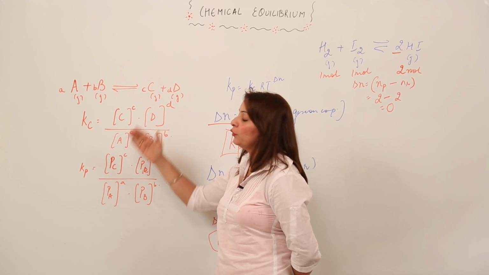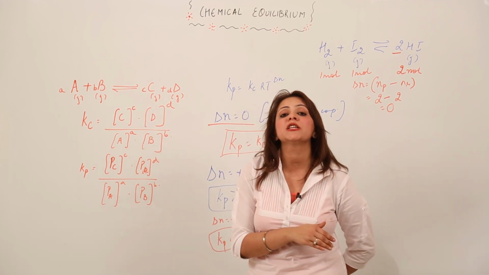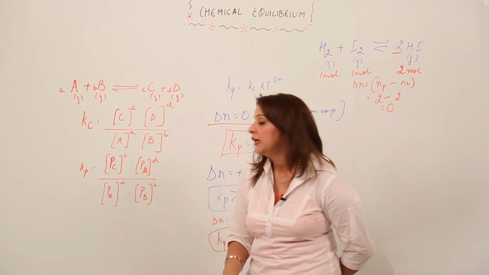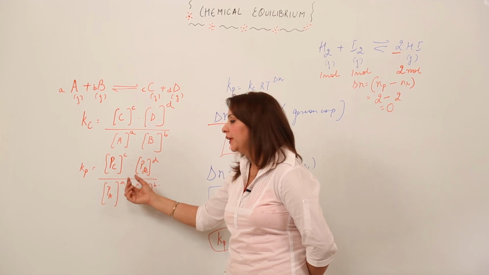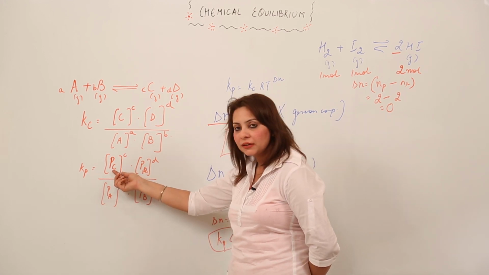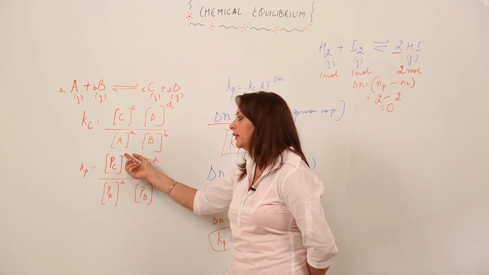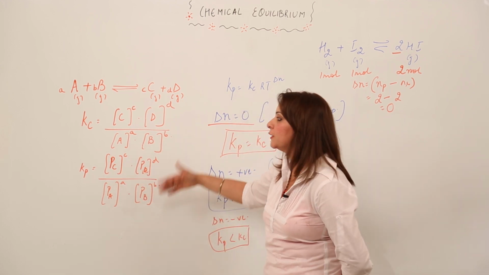And if it involves a gaseous component, we can write the expression in terms of the partial pressure, as we have done. Just write the partial pressure of the component, that is the reactant or product, and the moles if they are present. So this is how you can write.